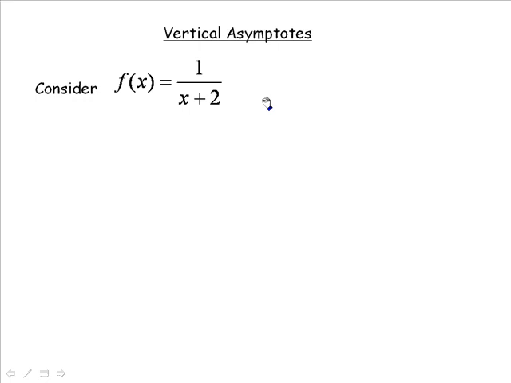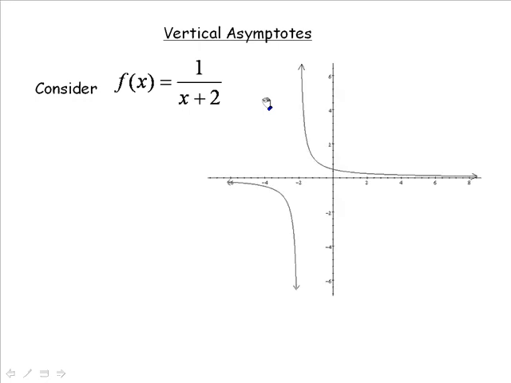So vertical asymptotes, just to get going on this, it'll be familiar too. But if you're to consider this graph, pretty basic rational function, a reciprocal function, 1 over x plus 2. Now, without doing anything fancy with it, you'll note that x cannot be equal to negative 2. So the vertical asymptote in this case is at x equal negative 2.